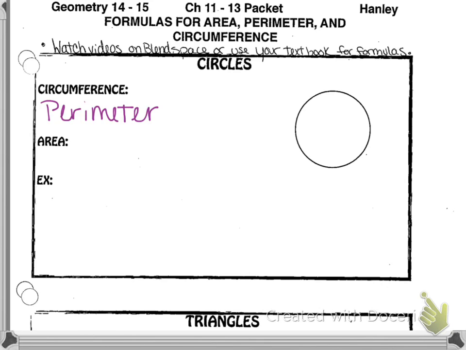The formula for circumference is pi times diameter, or 2 times pi times the radius, or 2 pi r. That formula comes from a ratio between the radius and circumference, and that magic number pi, which is 3.14 if you don't have a pi button on your calculator.